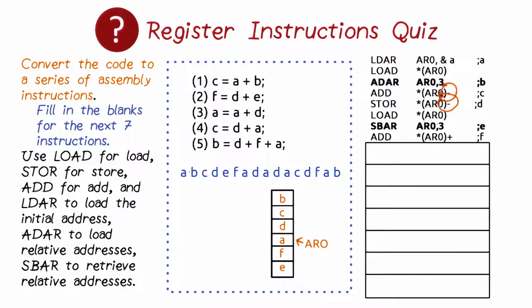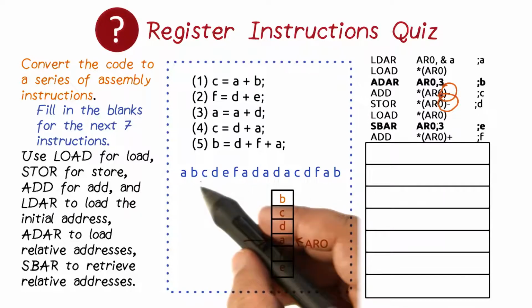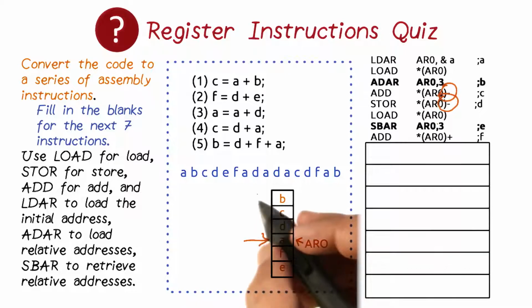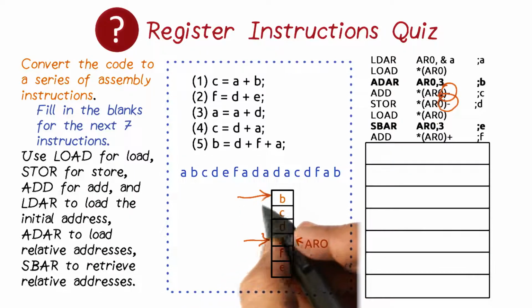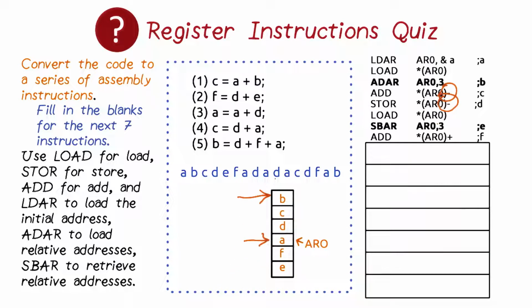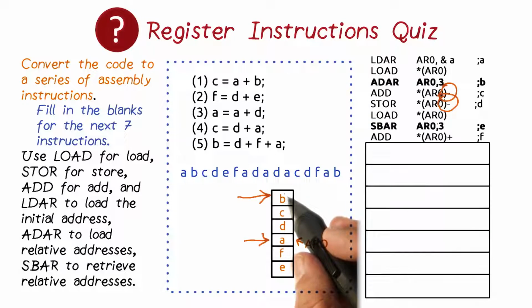Now the next thing that we need to do is access B. Where are we and where we need to go, that is what we need to pay attention to. So our address register is pointing to A, but we need to access B now. So we need to make this address register point to B. For that, we first calculate the number of locations that we need to increment this address register by.